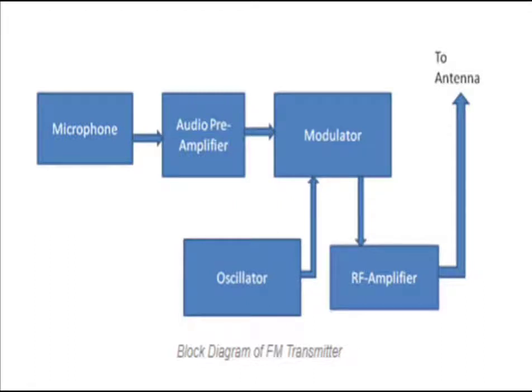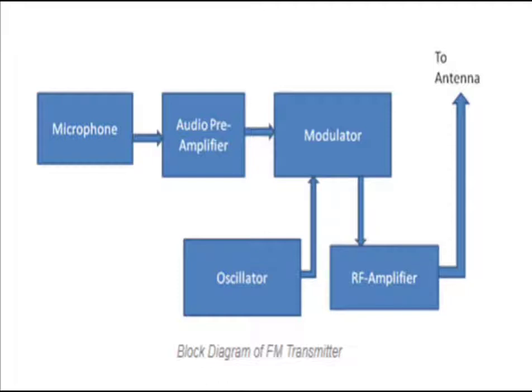Okay, it consists of the message signal that is coming from the microphone, and it is amplified since it is a weak signal, and then after amplifying it is given to the modulator block.